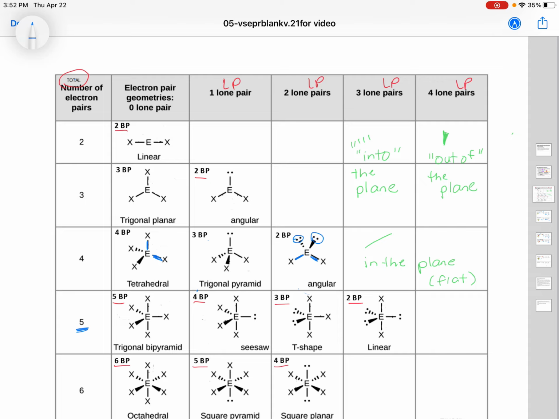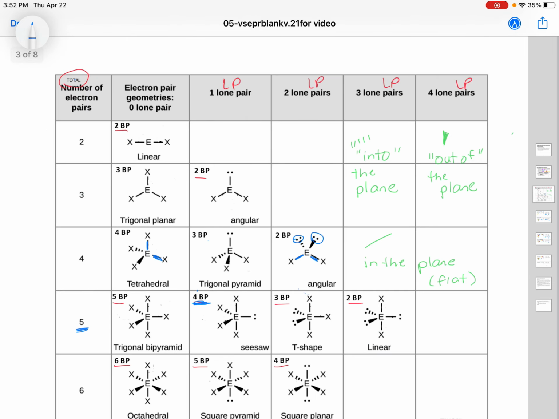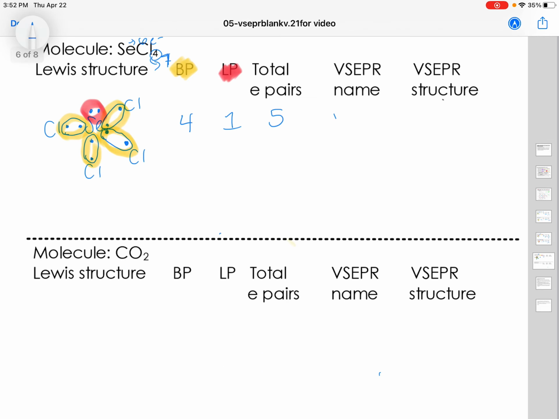Because they're much more rare. So I already forget what, 4 and 1. So we have 4 bond pairs and 1 lone pair. What's that going to be? Seesaw.